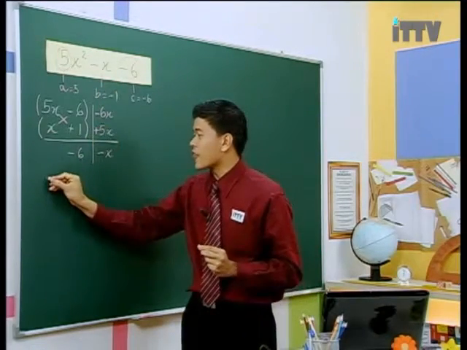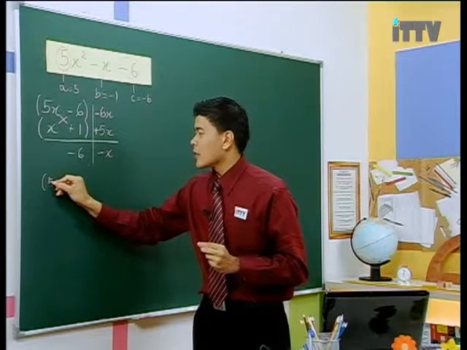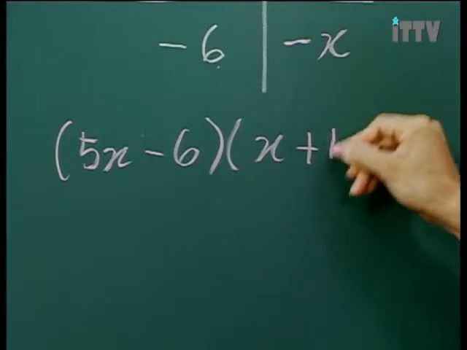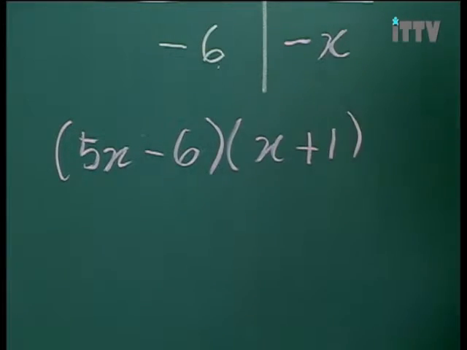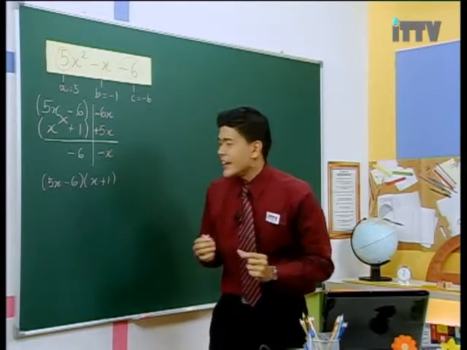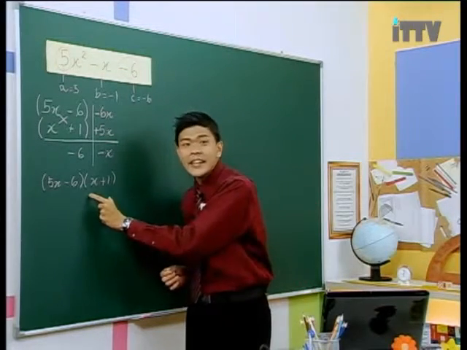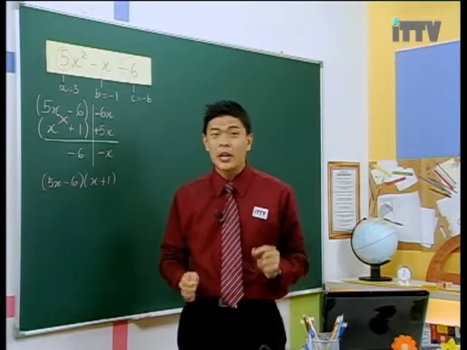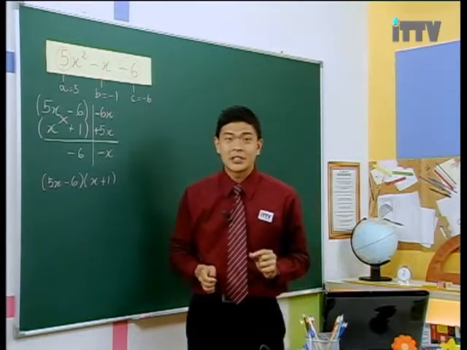So therefore the factors are 5x minus 6 and x plus 1. So you have managed to successfully reduce this quadratic expression into its 2 linear algebraic expressions, and that, guys, is the whole point of factorization.